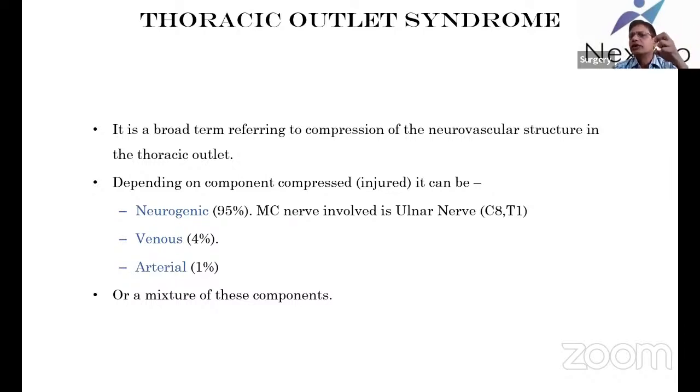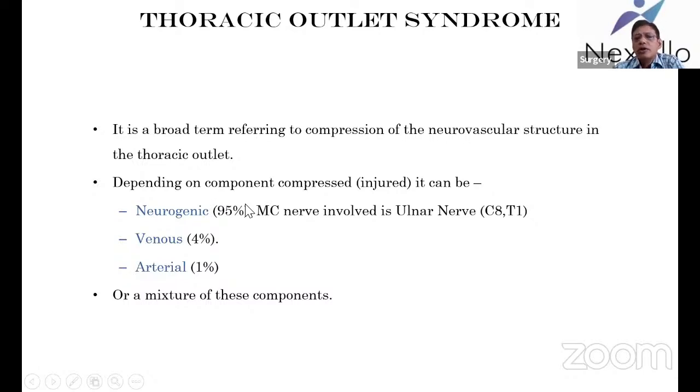The compression of these structures together or individually is known as the thoracic outlet syndrome. Depending upon which of these three structures is compressed, the thoracic outlet syndrome can be classified into three variants. It may be neurogenic. This is the first variant, which is by far the most common presentation of the thoracic outlet syndrome.